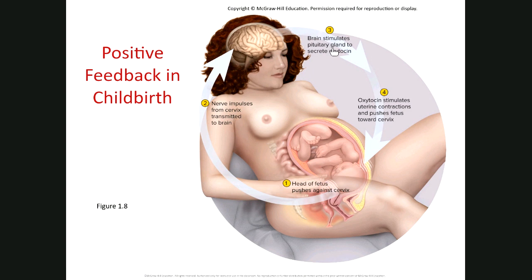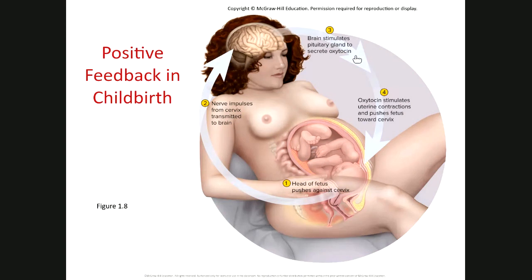It's also part of the endocrine system, because it is a gland. So you can say here, what's the control center? You can say nervous system or endocrine system. Both are correct. So the pituitary gland in the brain, and you must know this, is going to secrete this hormone called oxytocin.